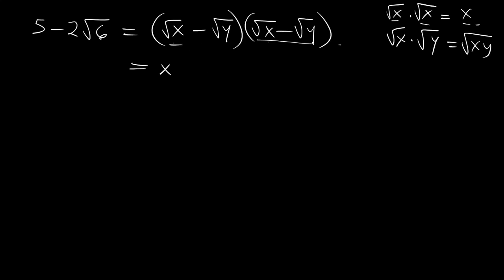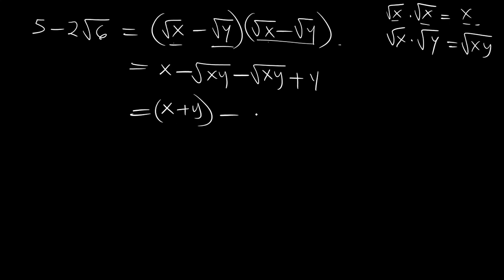Square root of x times square root of y gives you minus the square root of xy. Now we use the minus square root of y to multiply the whole of it. Square root of y times the square root of x is minus the square root of xy. Minus square root of y times minus square root of y gives you plus y. Now you have x plus y minus 2 square root of xy.